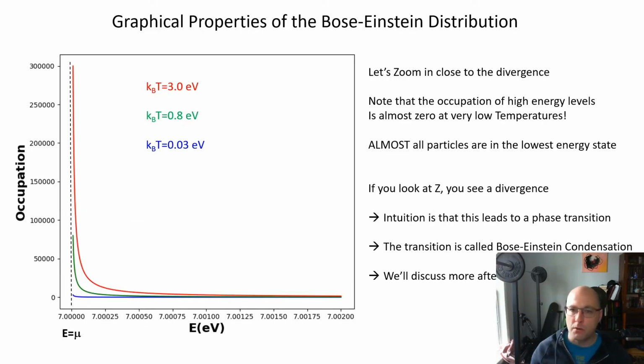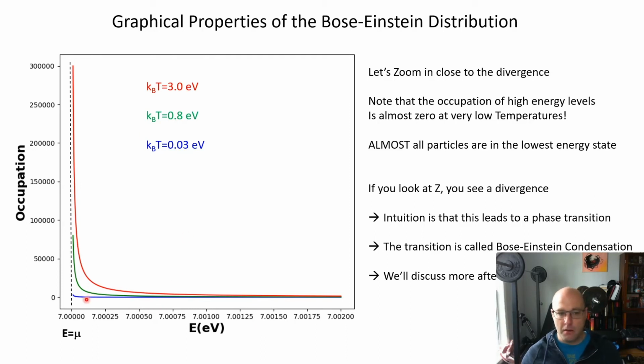Let's make one more point. We're zooming in really, really close to the divergence for these same temperatures. So look, the y-axis scale has gotten huge. The thing I want to say here is that what fraction of particles are in the lowest energy state right up on the chemical potential is a really important question.